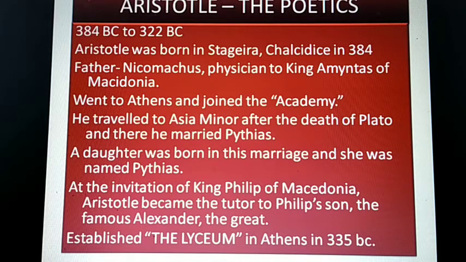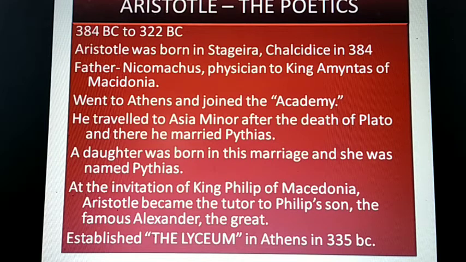There he married Pythias. Pythias bore him a daughter whom they named Pythias. Later, Aristotle was invited by Philip of Macedonia to become tutor to Alexander the Great, and is said to have disciplined him by whipping. Aristotle returned to Athens in 335 BC and established his own school known as the Lyceum.